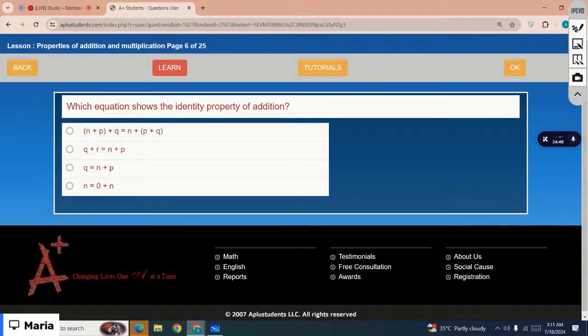Which equation shows the identity property of addition? So identity property of addition is when you add zero to any number, right? You have the same number left. So that is n equals zero plus n, and that is the identity property of addition.